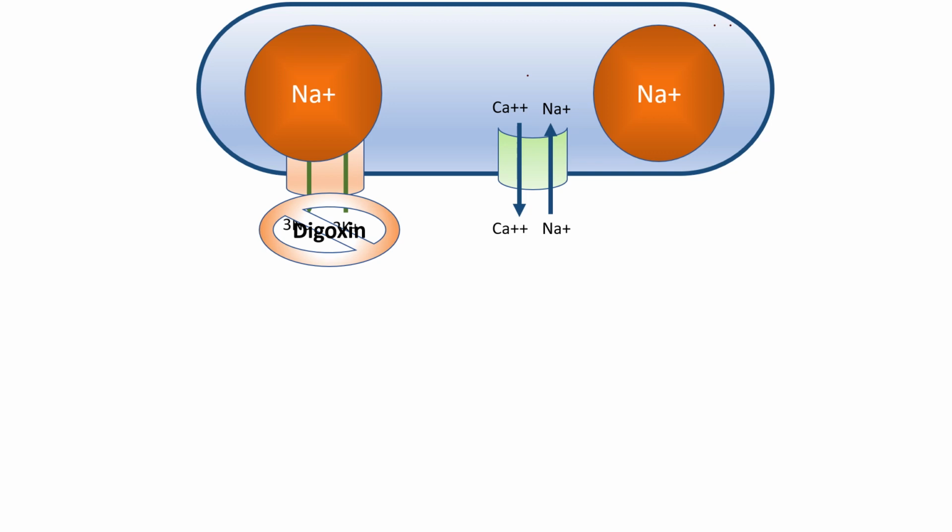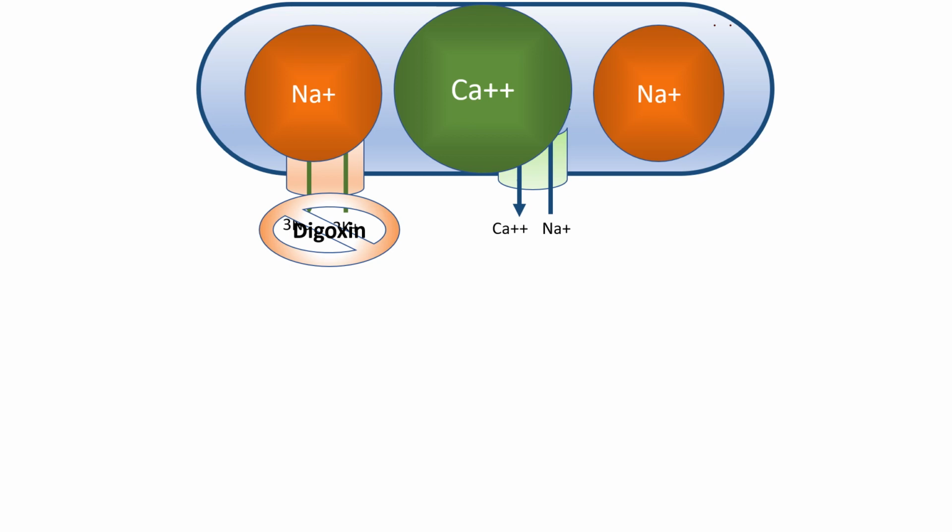The increase in concentration of sodium inside the cell retards the functioning of the sodium-calcium exchanger, and the calcium which was extruded out of the cell is no longer extruded, because the sodium has increased inside the cell. So the net result is an increase in calcium concentration inside the cell.